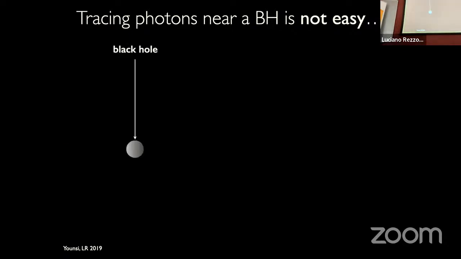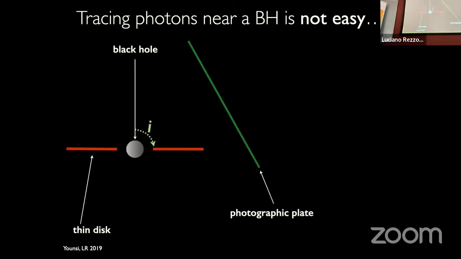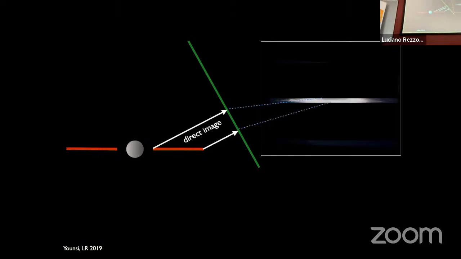So just to give you an idea, take a black hole, take a disk of light or matter emitting light, and imagine to take a photo of this disk. What you will see first are the photons which are moving directly in straight line towards the photographic plate. And so you would see the front part, just like you see the front part of myself, you would see the front part of the disk.